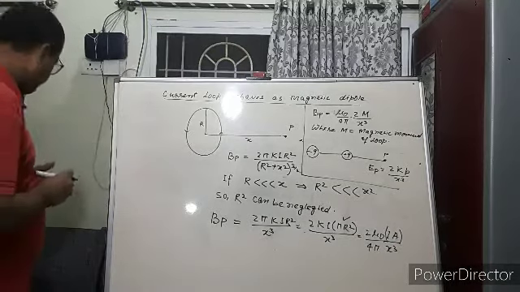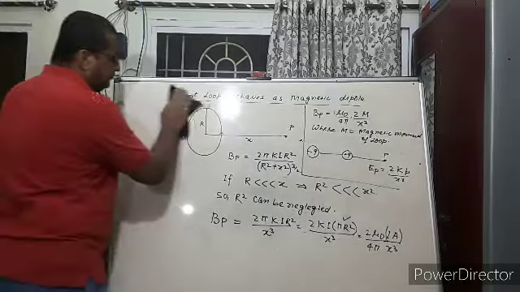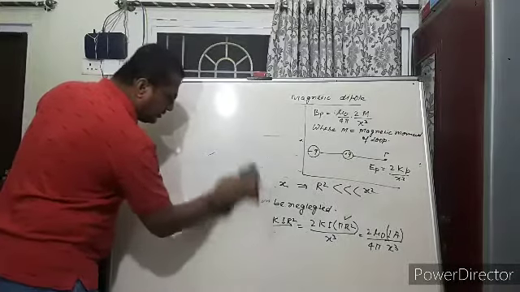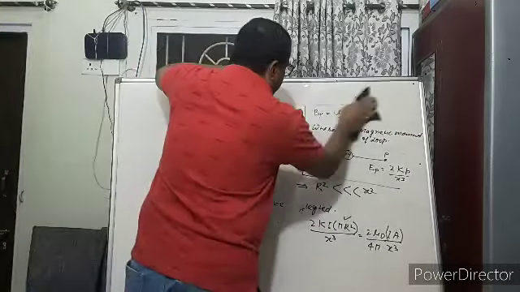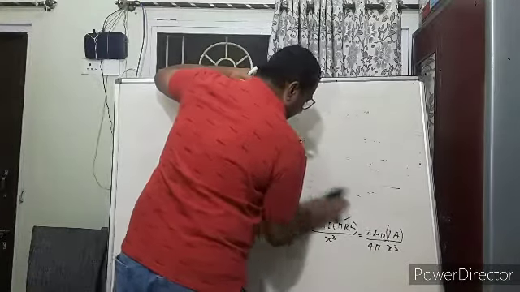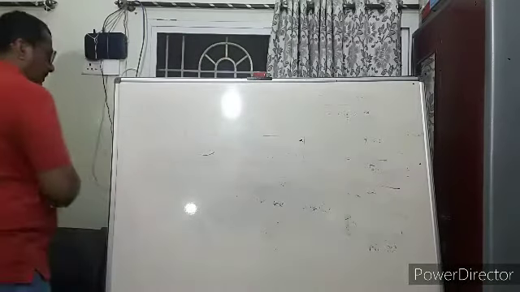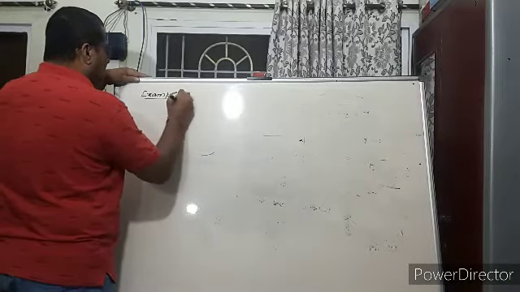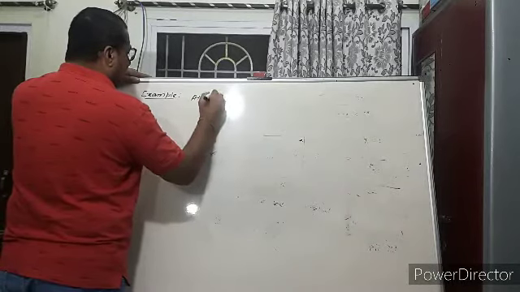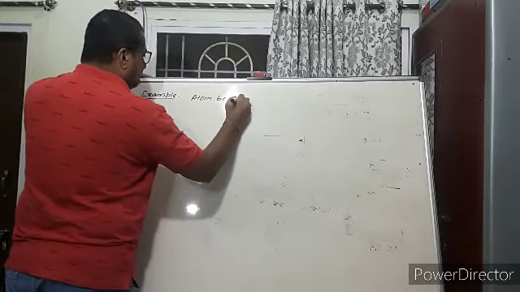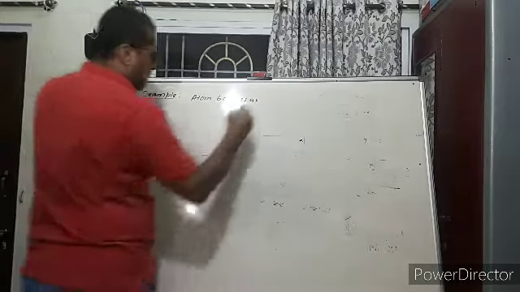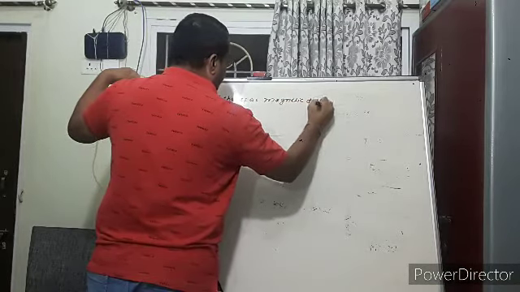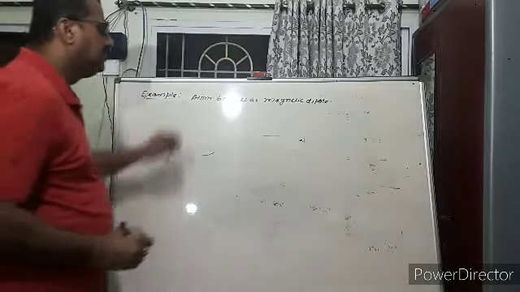Another example we can take here. Example: an atom behaves as a magnetic dipole. Suppose that this is the atom.